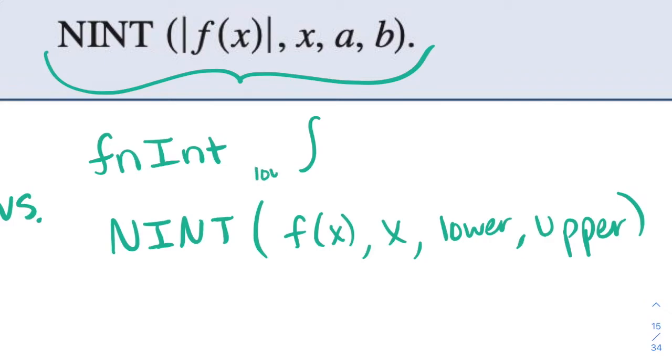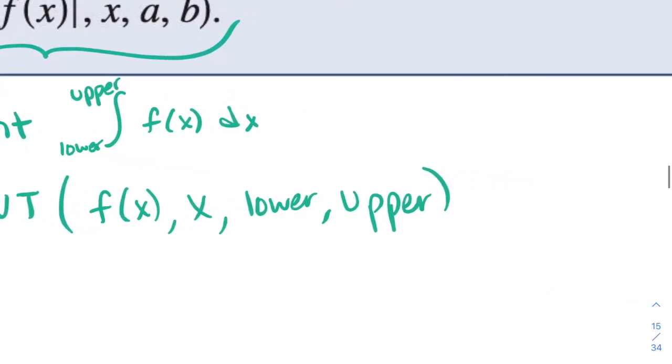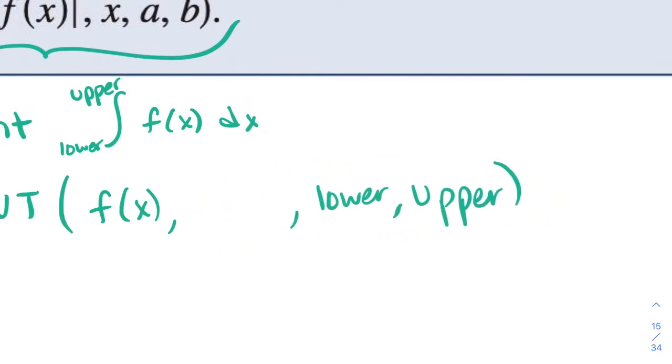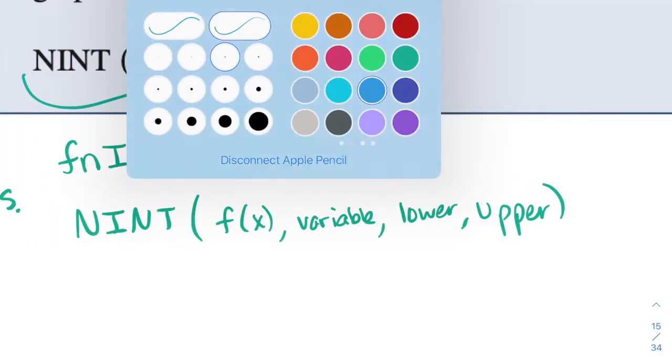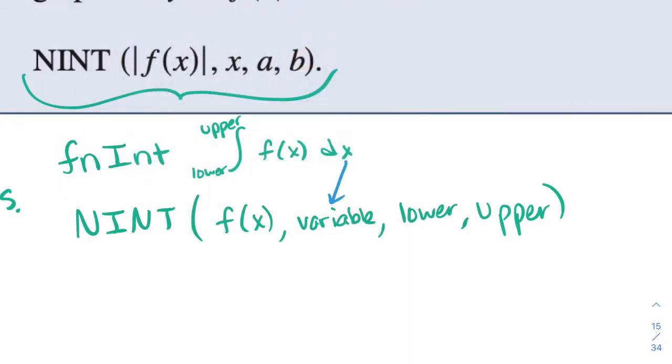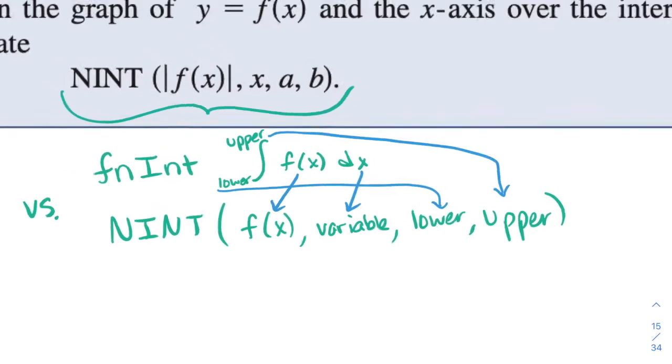It's lower, upper, function, variable. So that goes there, and then upper goes there, and lower goes there, if you have an older calculator.